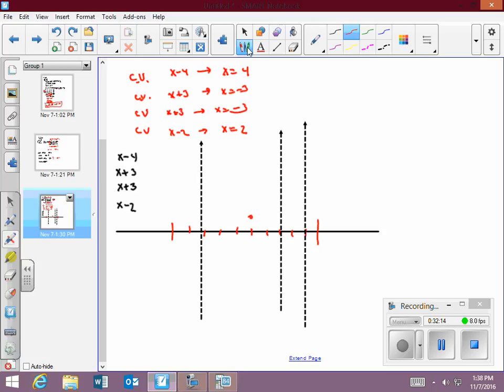Now this x -4, its critical value is clear over here, isn't it? And to the left of +4, it's negative. And to the right, it's positive. Now, at this critical value, is that critical value in or out?